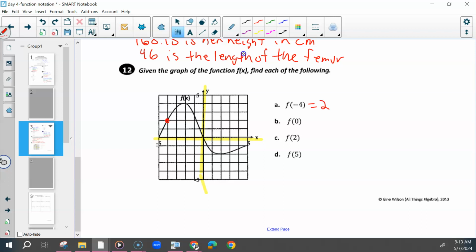So you could leave it like this, or put f of x equals either. F of 0, what would that be? 0. F of 2, negative 2. Yes. And f of 5, 1. Positive or negative? Negative.